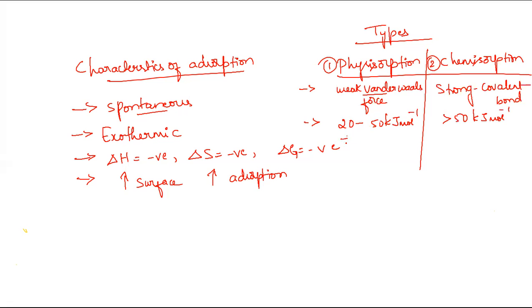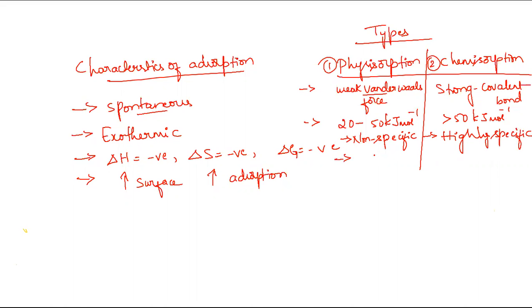This is not specific, this is non-specific. Whichever gases are available in the surroundings get utilized and adsorbed. So it is not specific. Whereas here it is highly specific, because it involves the formation of a bond. That means exchange of electrons has to take place. Therefore, it is highly specific in nature.